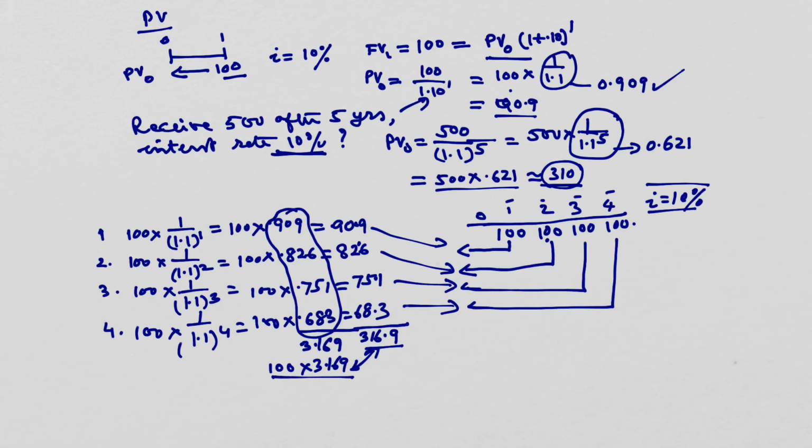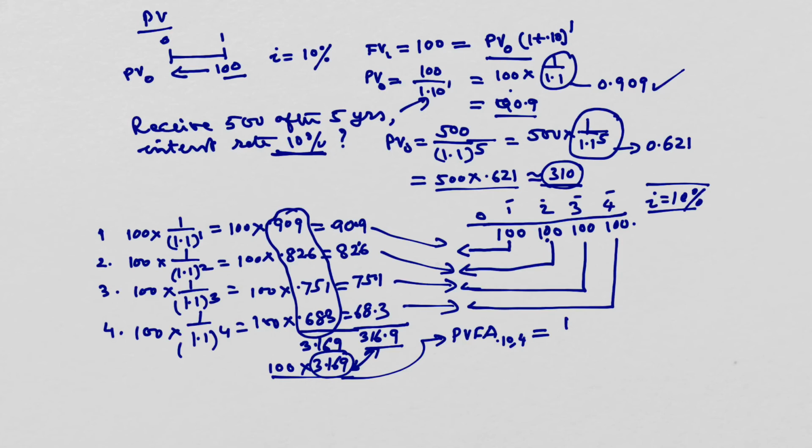Okay. Now you see that these are the same amounts each year. It's an annuity. And this number therefore is the present value factor for an annuity. In this case, the interest rate is 10% and the number of years is 4, and you can use a formula. Of course, you can derive that formula, but perhaps you have to remember it.